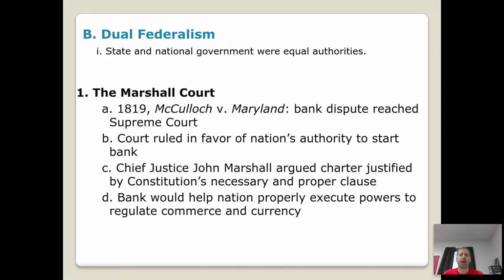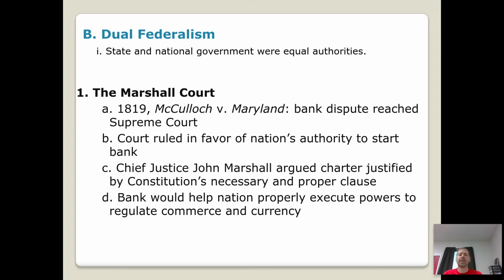One of the first important Supreme Court cases was McCulloch versus Maryland. This is where the national government had a national bank. Maryland didn't like a national bank. They had state banks, and they had rules that state banks had to follow. Well, the national bank came in, and they didn't like that.